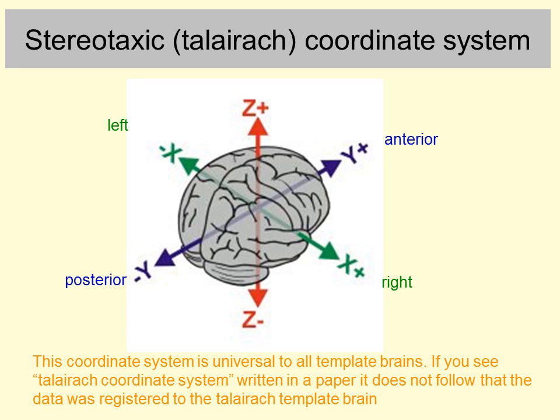So don't confuse the coordinate system with the space that it's in, the template brain. This confusion is actually present in the published literature. Often when you read, particularly the older functional brain imaging papers, it's hard to tell which of the template brains they've used. So do look out for that, because they are slightly different shapes.